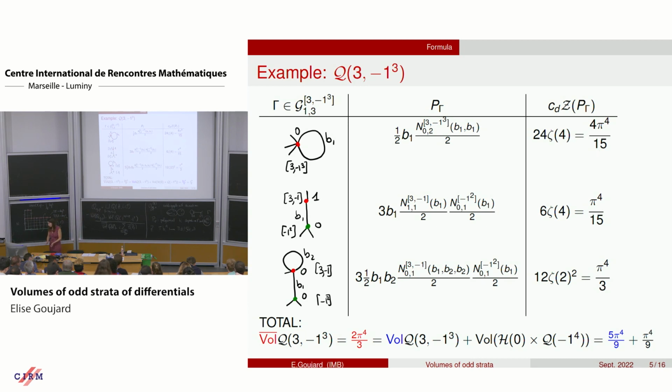So here the sum is just 2 pi 4 over 3. So it's not the volume of the stratum 3, minus 1 to the 3. But it's the volume of this stratum plus some additional contribution. And okay, it works. Nice. So I will come back to this example after I explain why we have such things, what these polynomials are, etc.